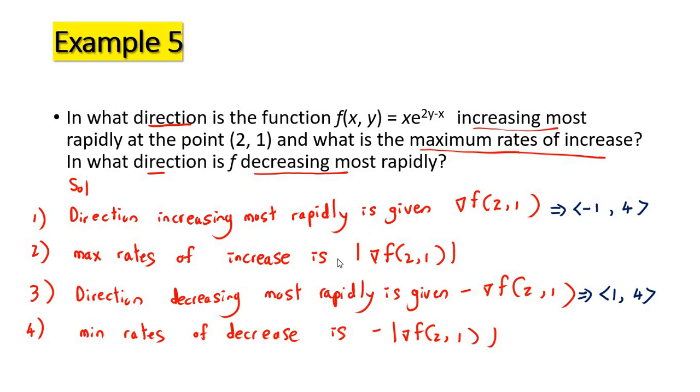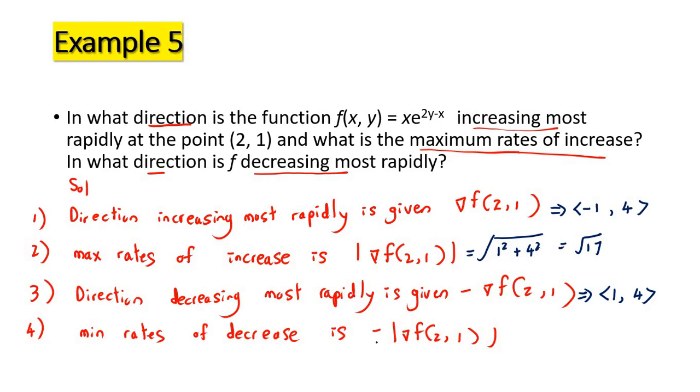The maximum rate of increase is the magnitude of this. So negative 1 squared plus 4 squared gives the square root of 17.